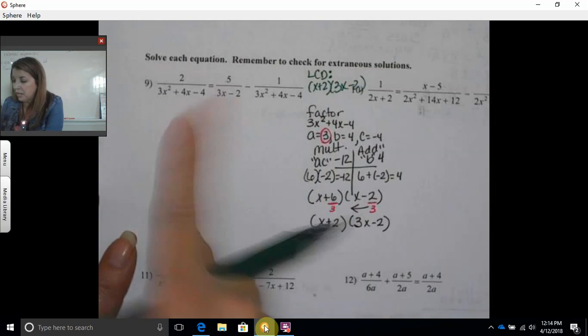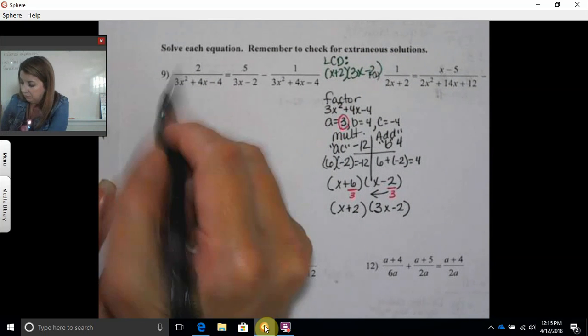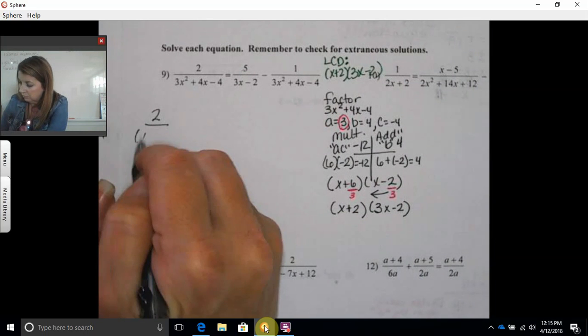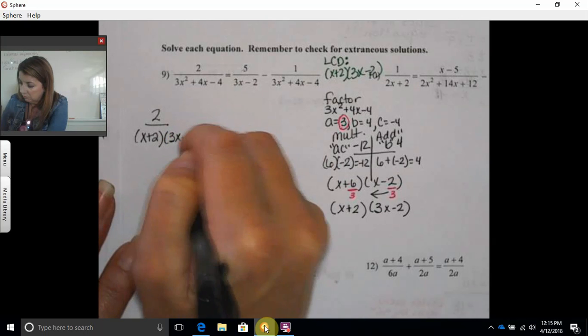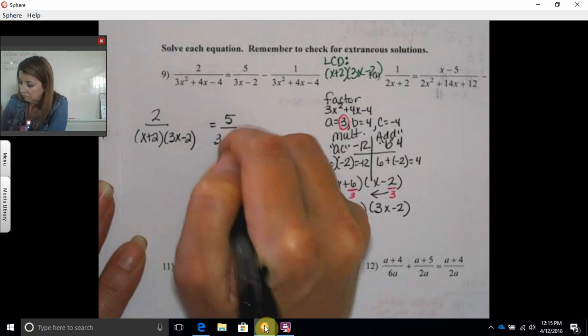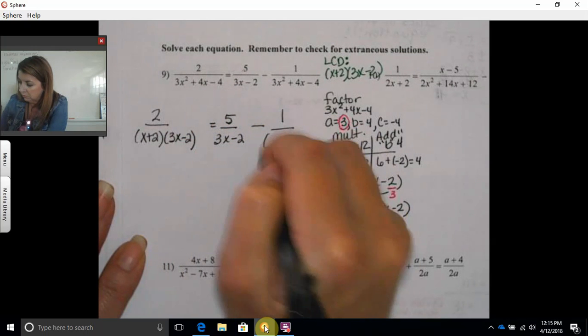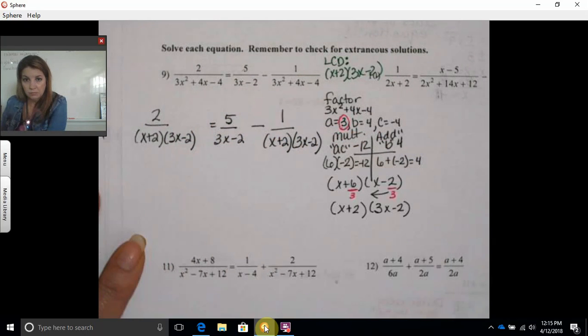So I'm going to rewrite this whole problem with factored forms instead of standard form before I stop this video. And we'll stop here and come back and pick it up tomorrow.